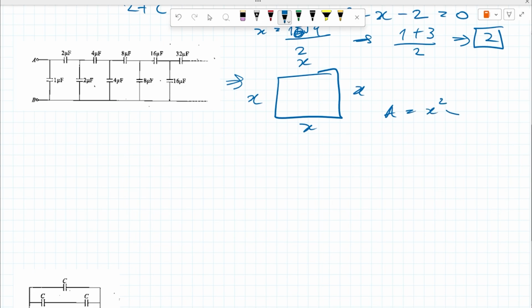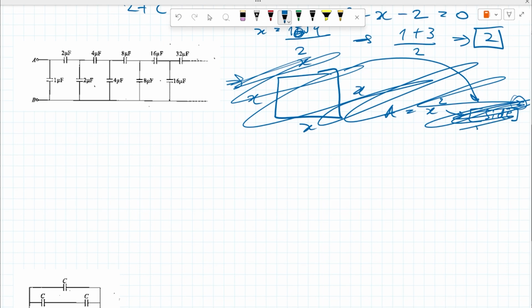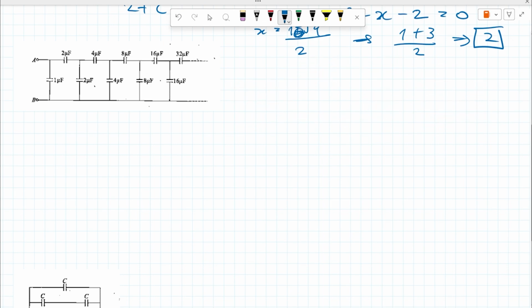The dimensions of the area are the square of the dimensions of the side, right? So when you multiply the side by a common factor, that common factor gets squared. But in the case of equivalent capacitance, that is not the case. So let's get started with the question, and you'll understand it better when you approach it.